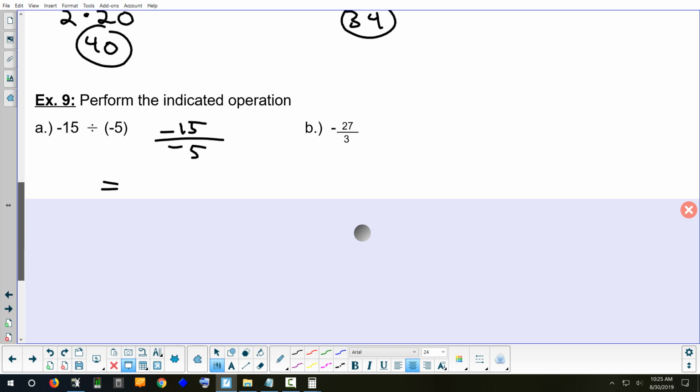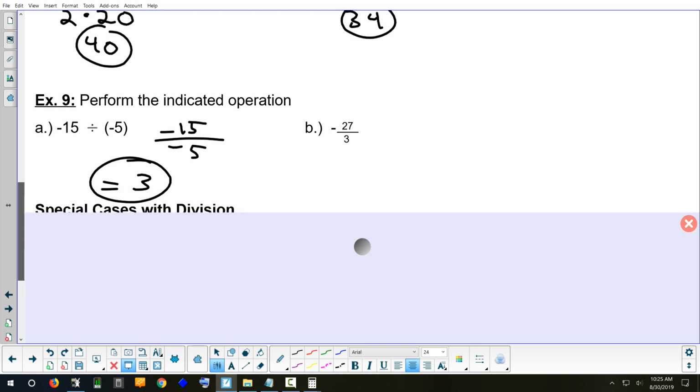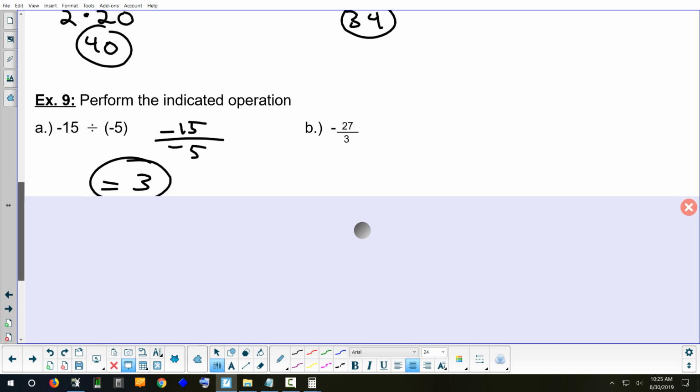And we're lucky this time because 15 is a multiple of 5, which means we're going to get a nice answer. What's 15 divided by 5? 3. Yeah, 3. Good job. How about B? Negative 27 divided by 3. Just tell me the sign. Positive or negative?